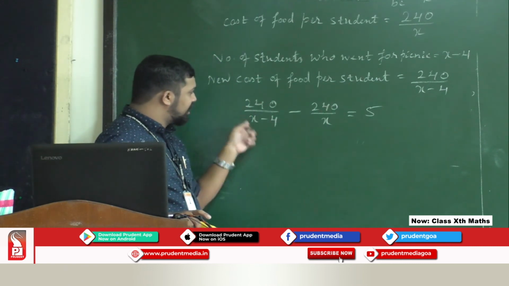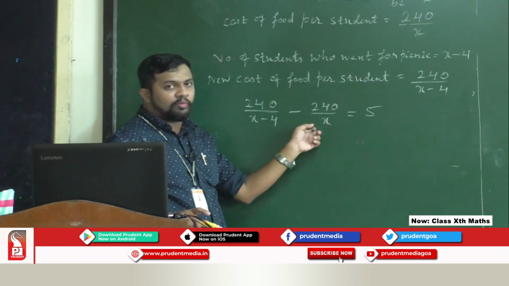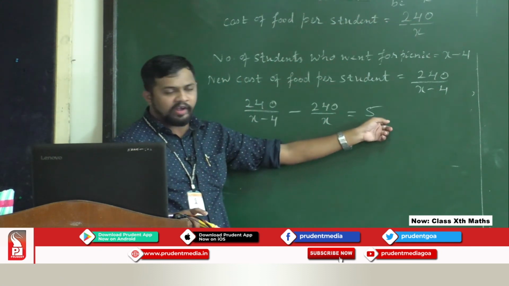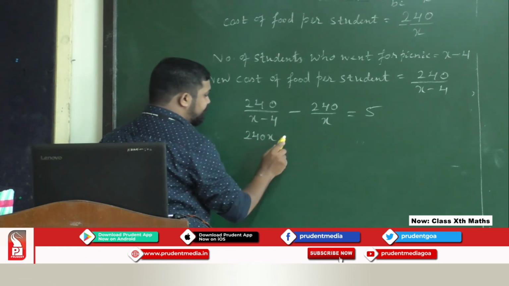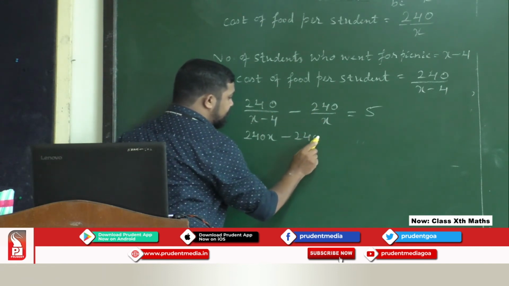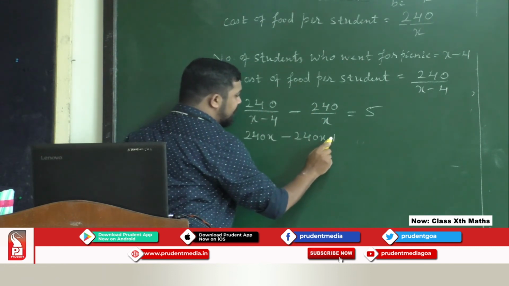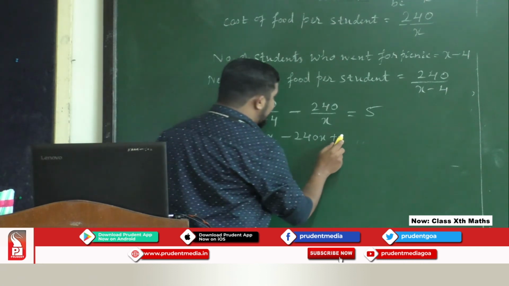Increase means positive, so this quantity is positive, and the earlier quantity will be negative. By how much? It says 5. Again do the cross multiplication. So 240x minus 240x, minus into minus plus, 24 fours. 24 fours will be 96.